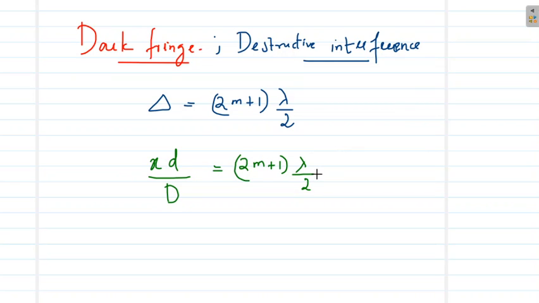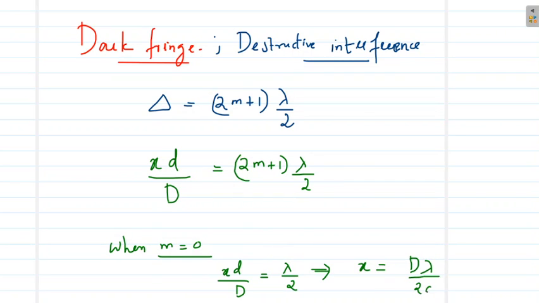Substituting m equal to 0, we have xd by D equal to lambda by 2, which implies x is equal to D lambda divided by 2d. So this is the position of the 1st order dark band. Putting m equal to 0 will give you the 1st order dark band.